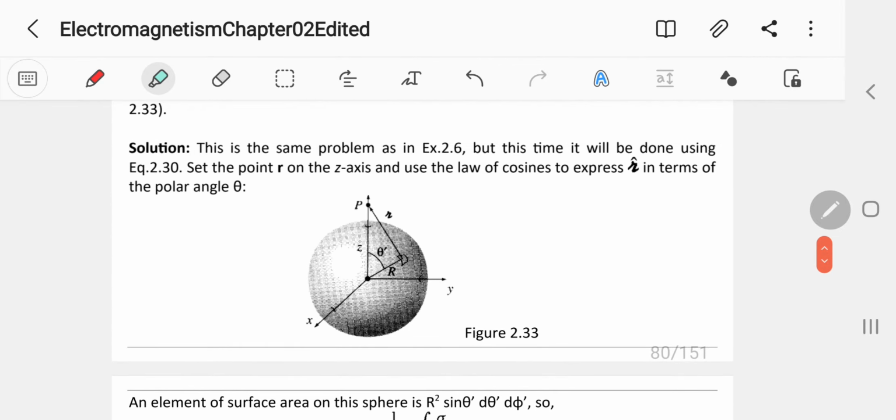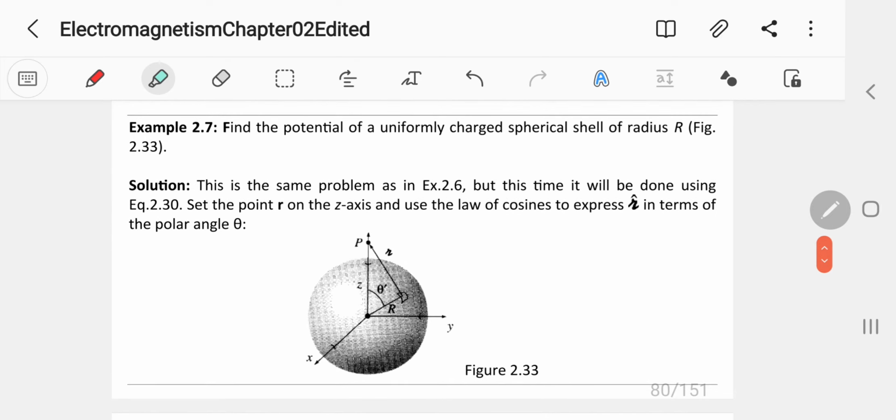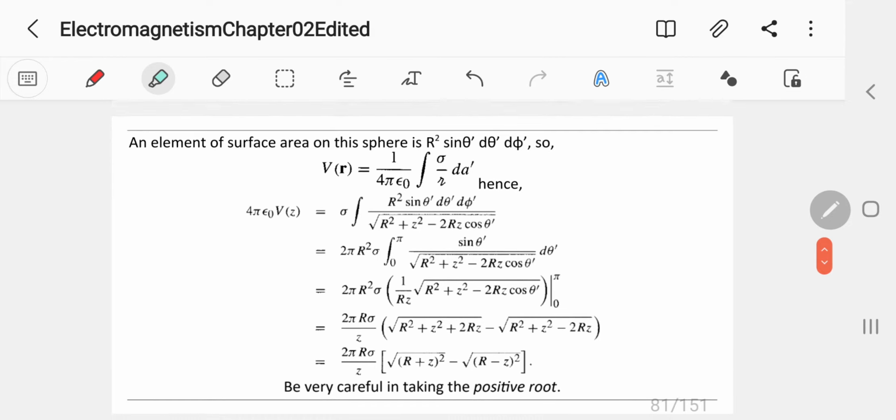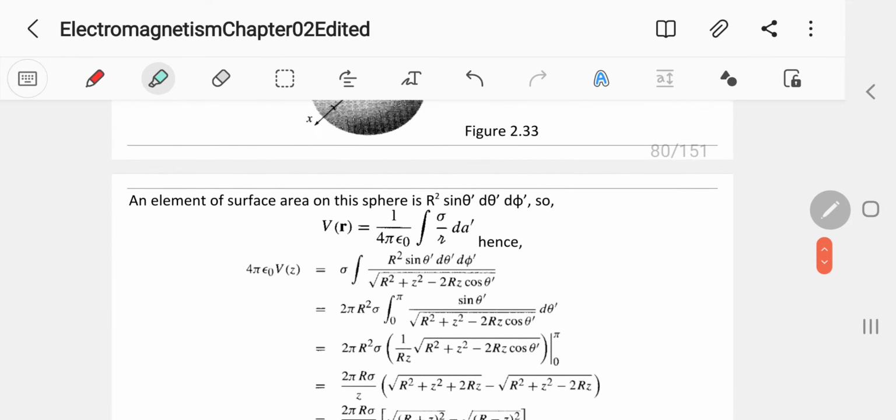Since you have a uniformly charged spherical shell of radius R, this means that your charge is distributed on the surface of the shell. So it's like a surface charge density, and you will be using sigma instead of rho.